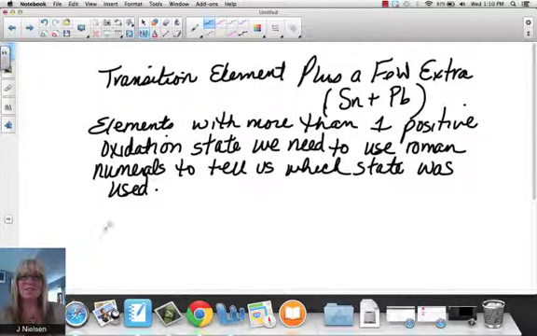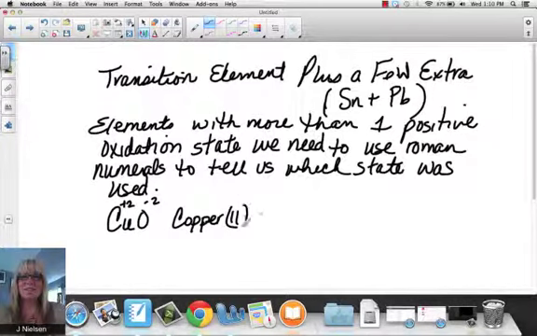For example, if I have CuO, you know that O is -2, therefore copper had to be +2. So when I write the name of this, I have to write copper, Roman numeral 2, oxide.